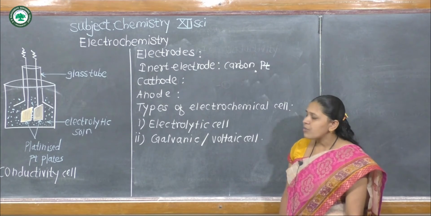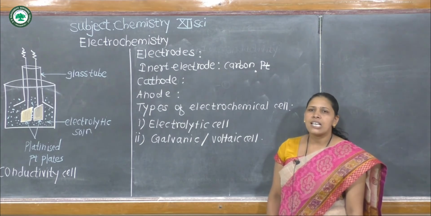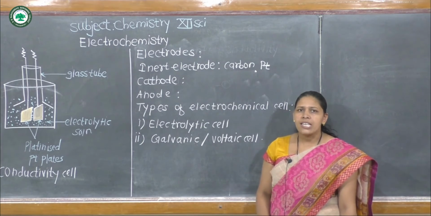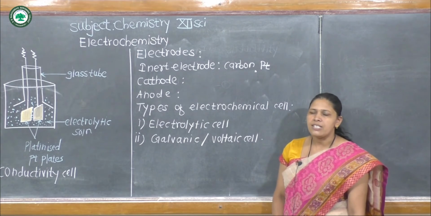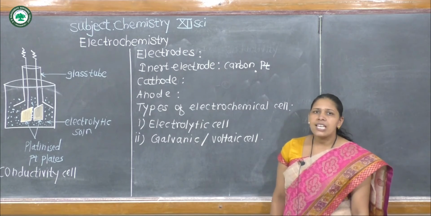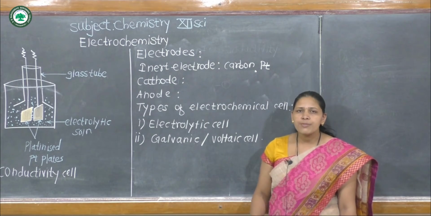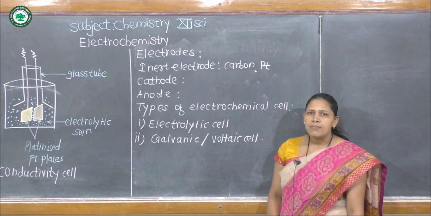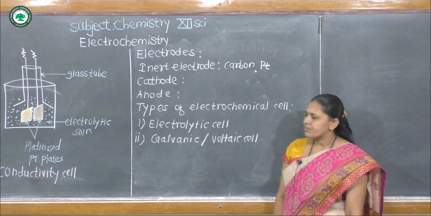What is the main difference between electrolytic cell and galvanic cell? In electrolytic cell, we have to connect an external source of current, that is a battery, between two electrodes. But in galvanic cell, electricity is produced, so it is not necessary to connect a battery between two electrodes.